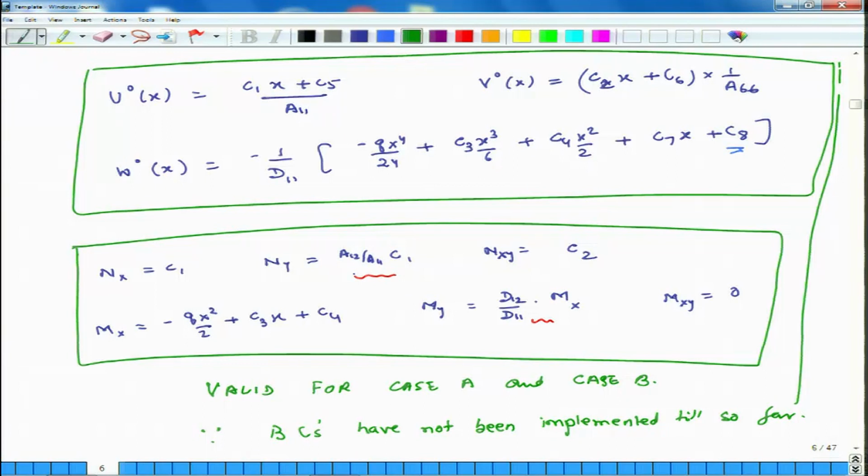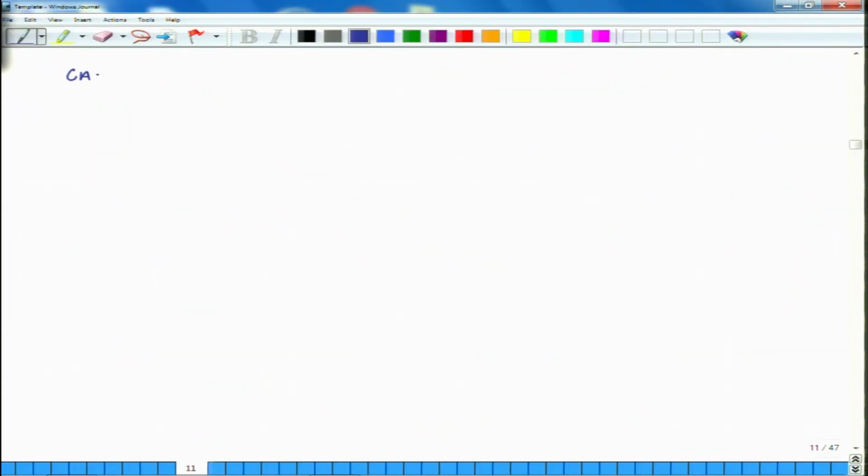So, once again we are going to do this for case B, and the boundary conditions are such that u minus, v minus, w minus, Mx minus and u plus, v plus, w plus and Mx plus are all 0.